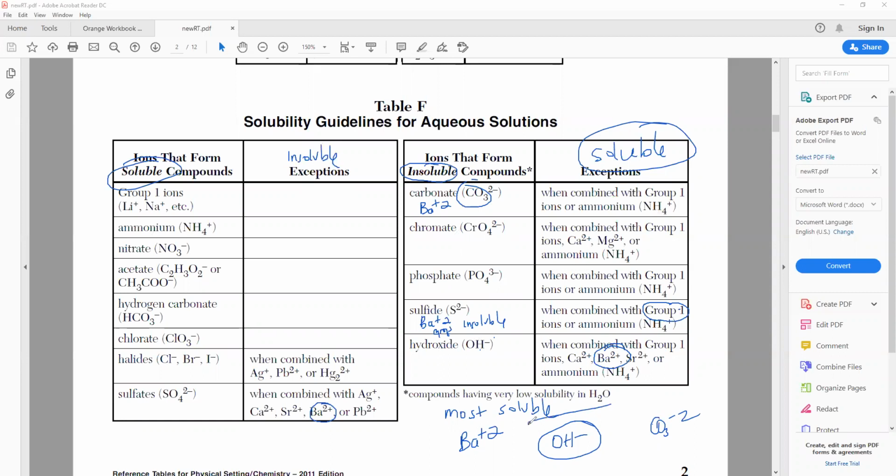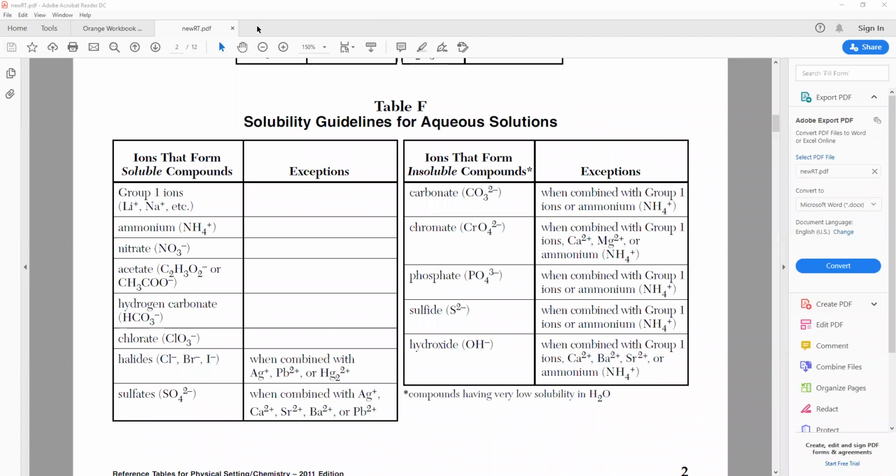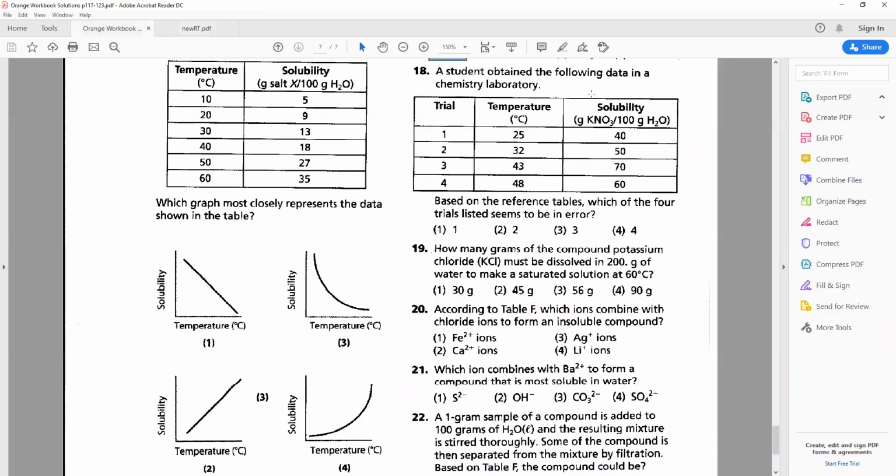Therefore, the answer is hydroxide. Let's clear our drawings and go back. And we're going to say that the answer is hydroxide.